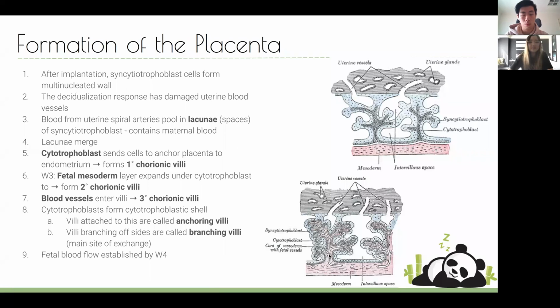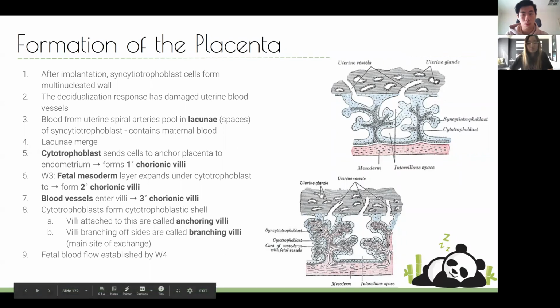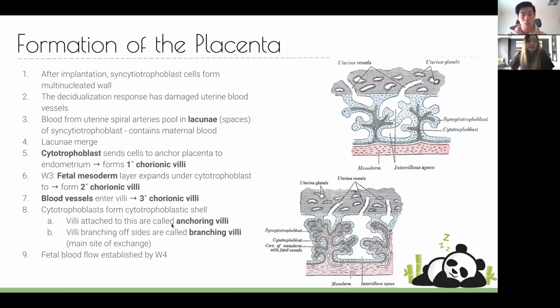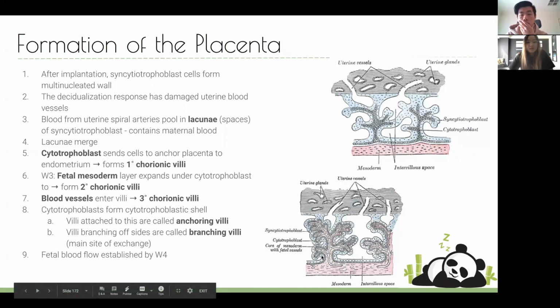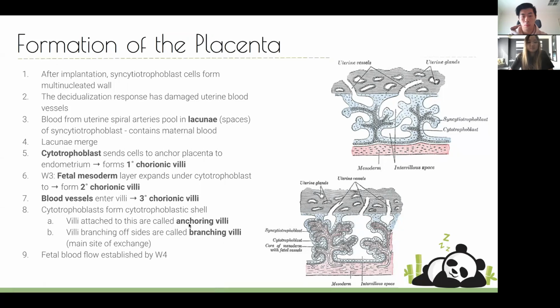And then eventually blood vessels from the fetus will enter the villi as well to form your tertiary chorionic villi. And so doing that makes you form this guy. And then eventually cytotrophoblasts will form a cytotrophoblastic shell, where some villi attached to this are called the anchoring villi, like here, and then the villi branching off the side will be called the branching villi. And fetal blood flow is established by week 4.